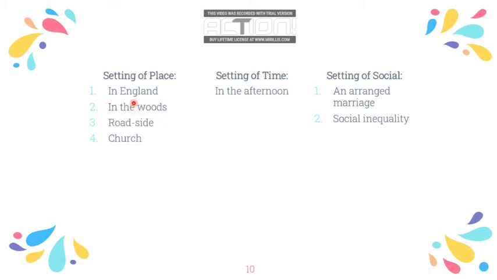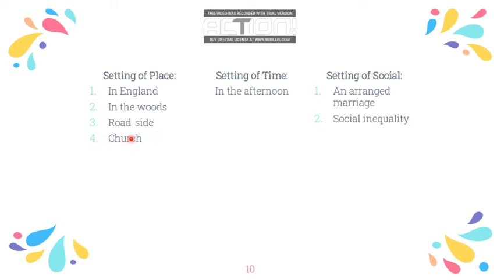It shows where Robin Hood usually is. And the third is roadside. Roadside is where Robin Hood met the young man. And the last is in the church.